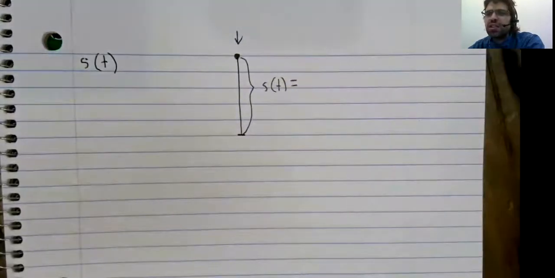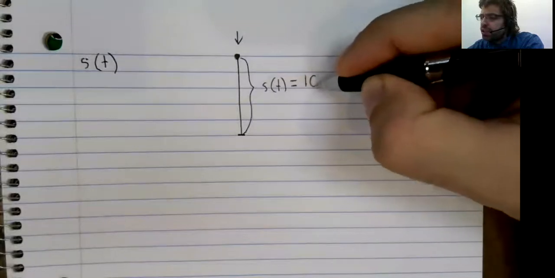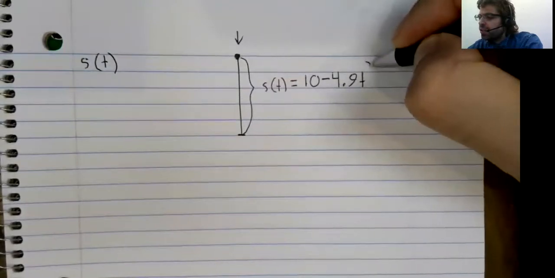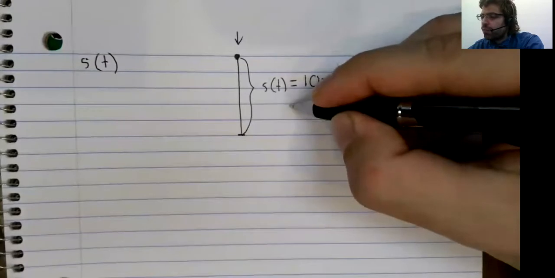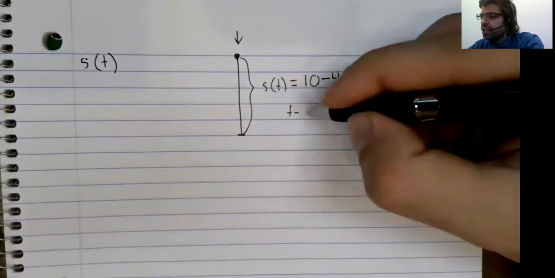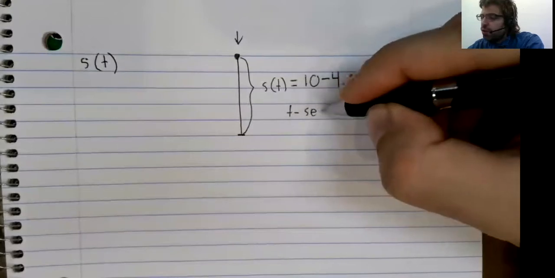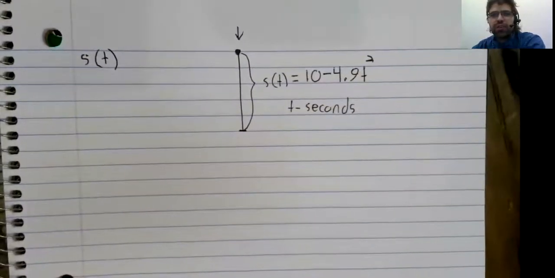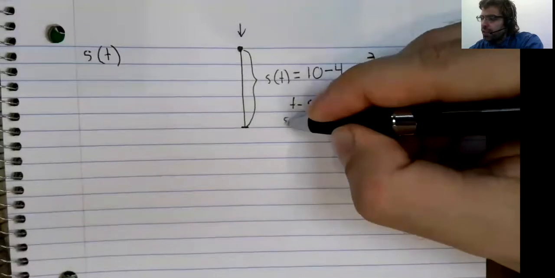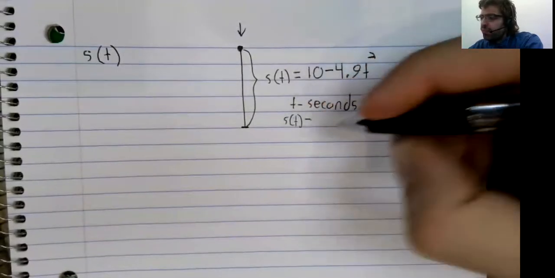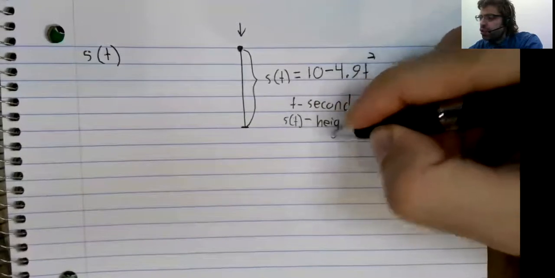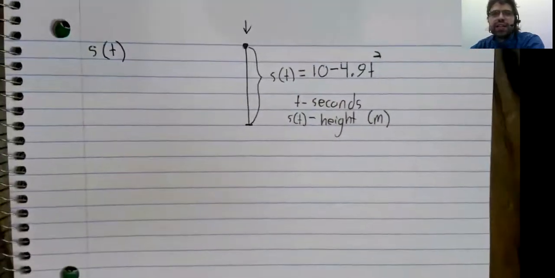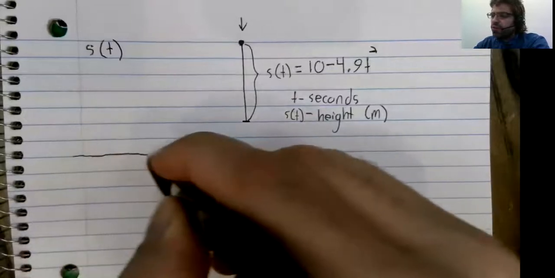Maybe S of t equals 10 minus 4.9 t squared, where t is the number of seconds this object has been falling, and S of t, the position function, is the height in meters.